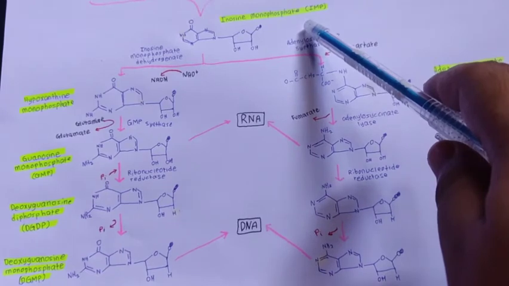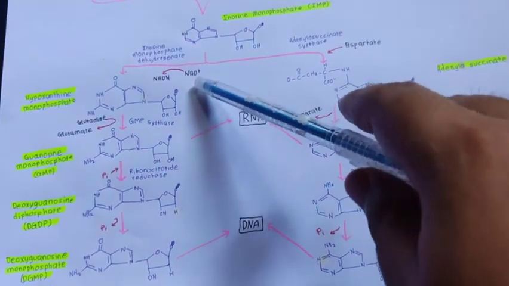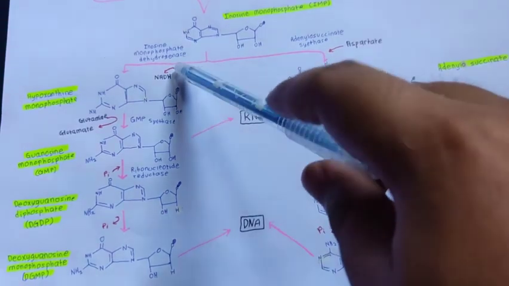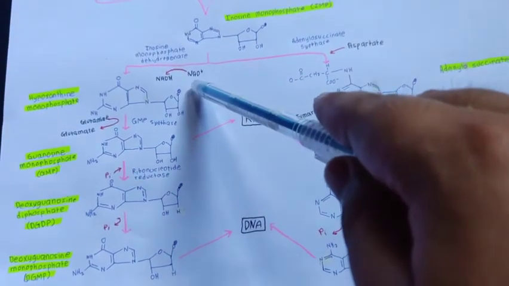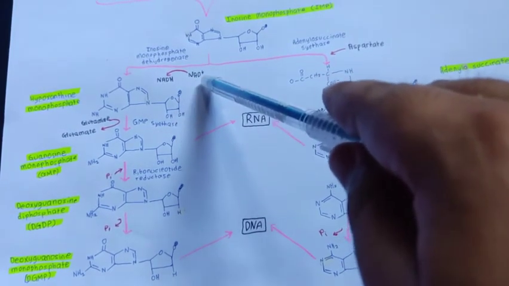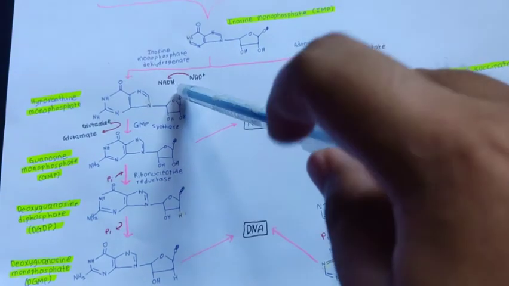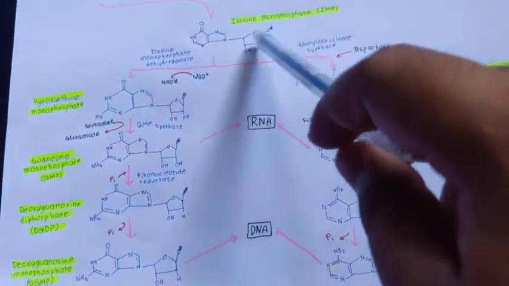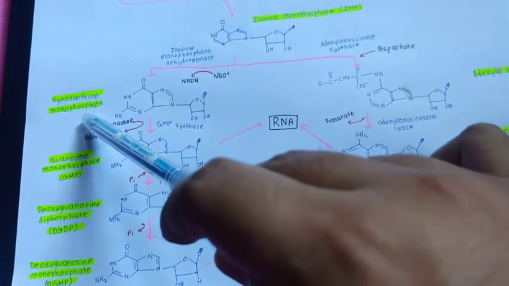So this molecule called IMP, the first step, we use the inosine monophosphate dehydrogenase enzyme, and NAD positive was converted into NADH. So this IMP was converted into a molecule called xanthosine monophosphate.